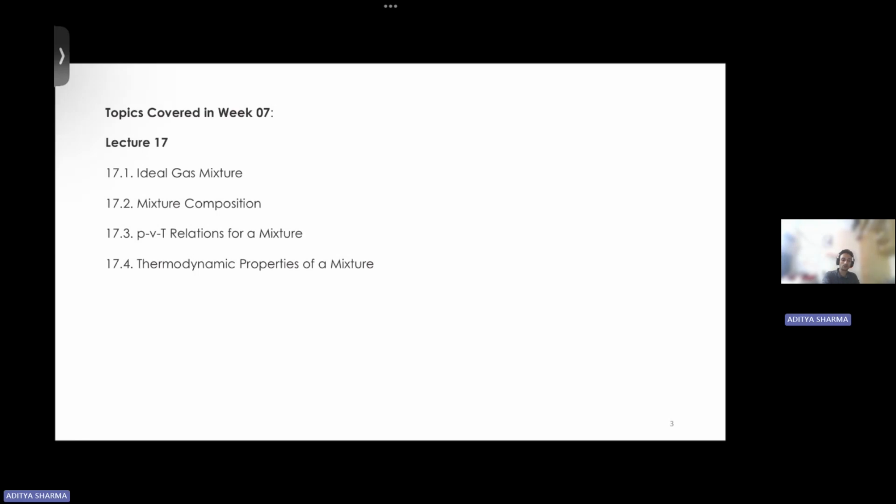And then we also saw the partial molar properties, the properties pertaining to different components of a mixture when they are in the mixture state. So this is about the discussion of the previous week.